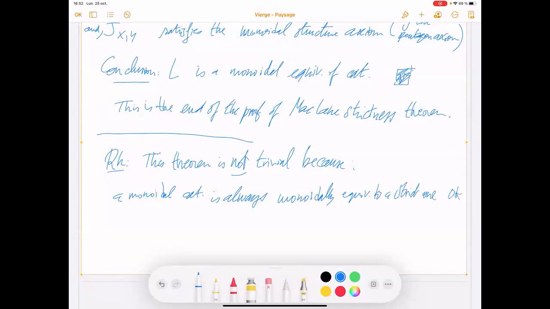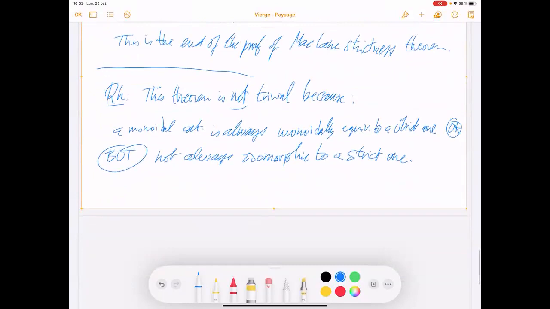It is okay, but not always isomorphic to a strict one. So there is a difference between equivalent and isomorphic.